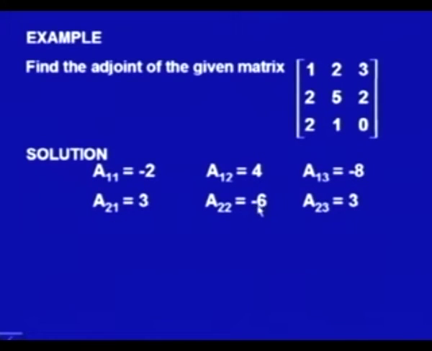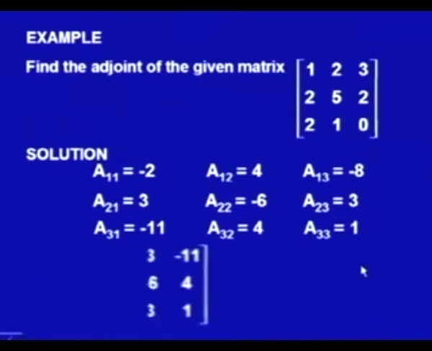A22 is 1 into 0 minus 3 into 2, it is minus 6, and the cofactor of this element A23 is 3, which is 1 minus 4 with a negative sign here. Similarly, A31 is this element, it is 4 minus 15, so it is minus 11. A32 is 2 minus 6 with a negative sign, so it is 4. A33 is 5 minus 4, which comes out to be 1.